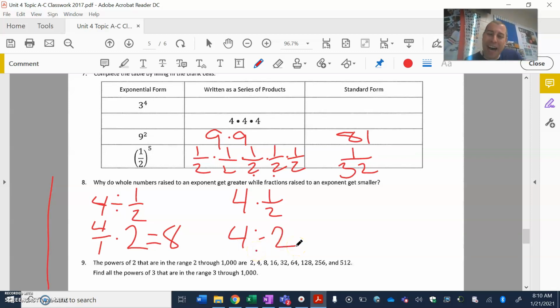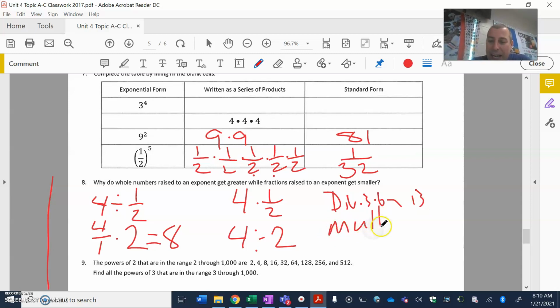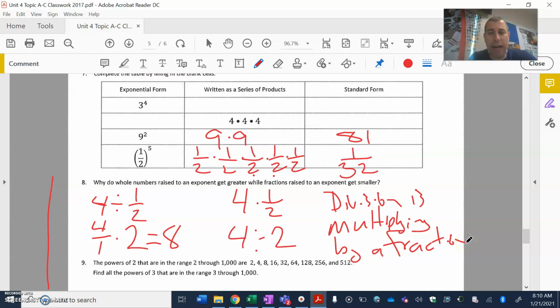So dividing is really the same as multiplying by a fraction, and that's what we're getting after here. Division is multiplying by a fraction. Again, not as obvious, I get it. But it's something we do want you to be aware of that, hey, when you use a fraction, it will get smaller. That is completely normal there.